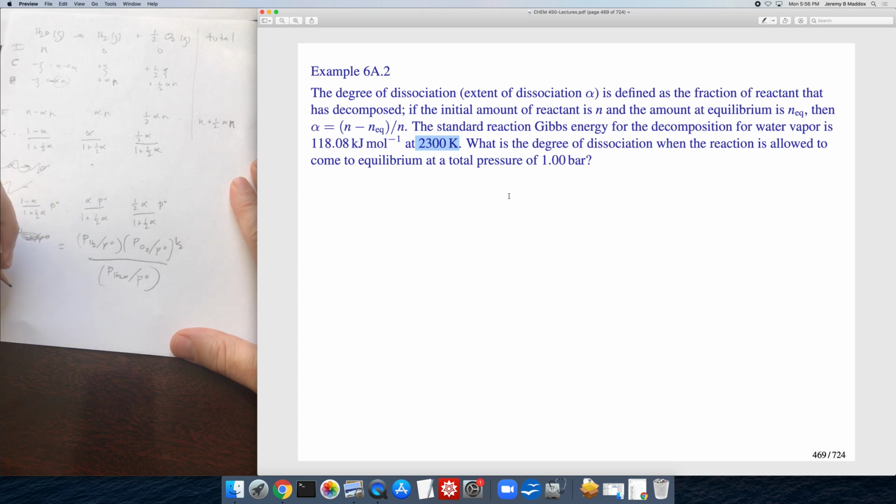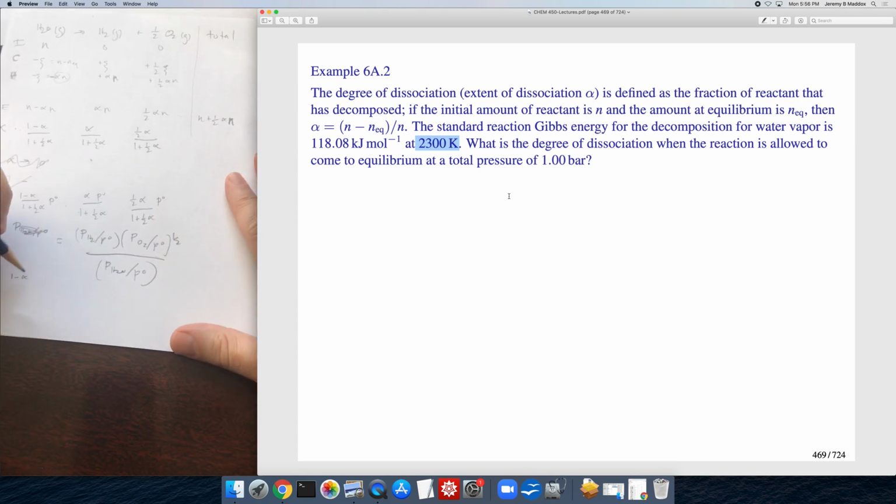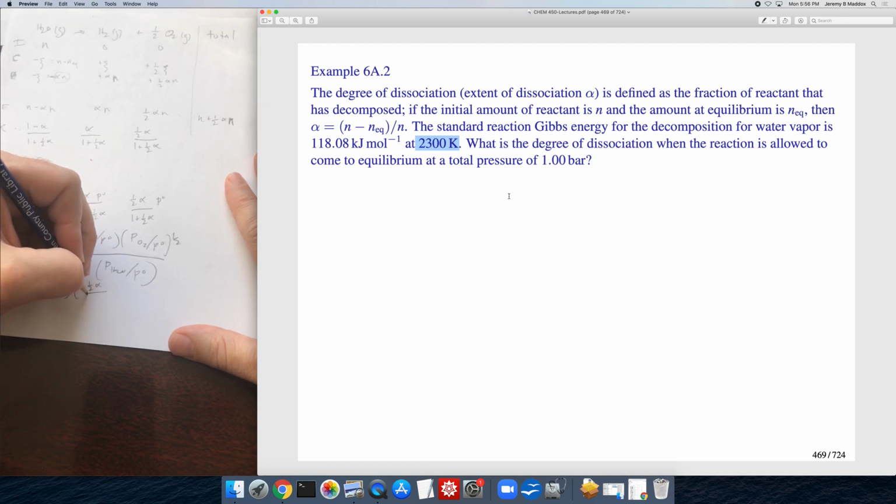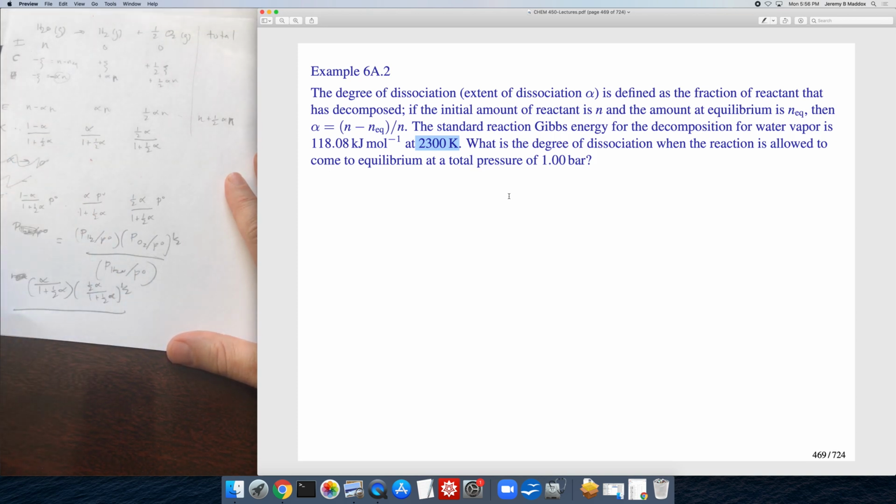Starting with the products, that's going to give us alpha over 1 plus 1/2 alpha, and then 1/2 alpha over 1 plus 1/2 alpha to the 1/2 power, over 1 minus alpha to the 1 plus 1/2 alpha.